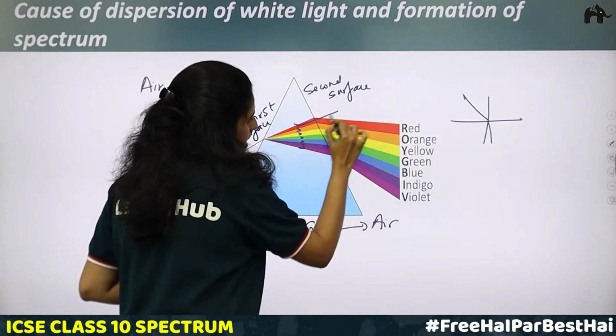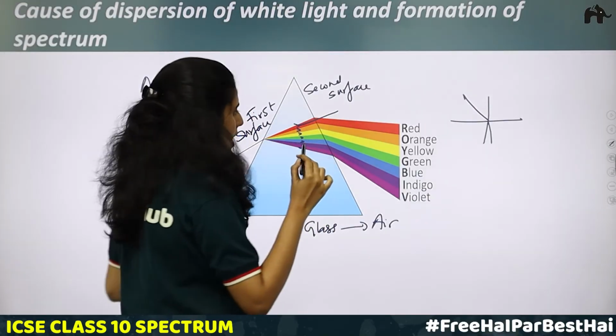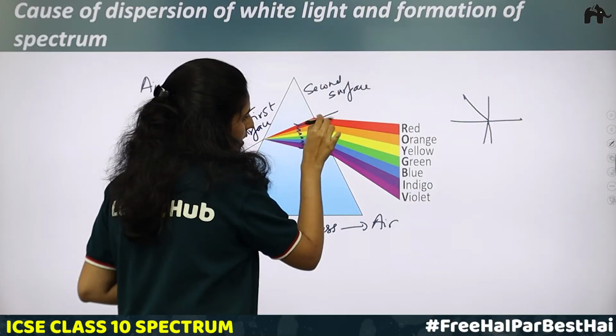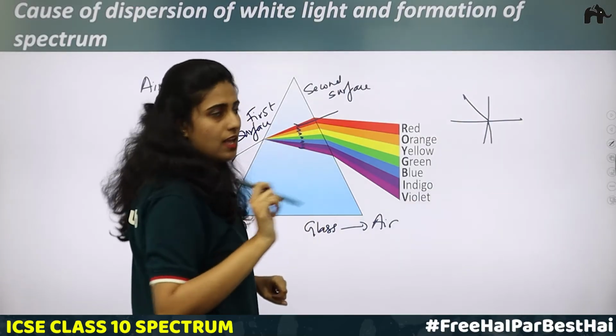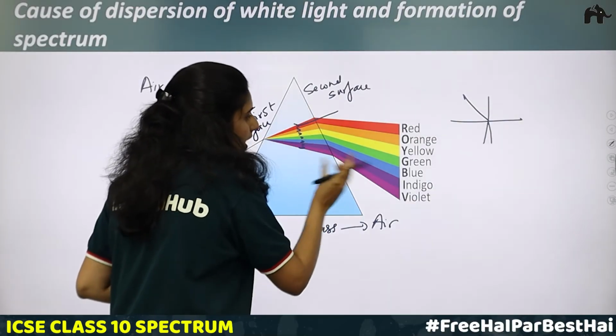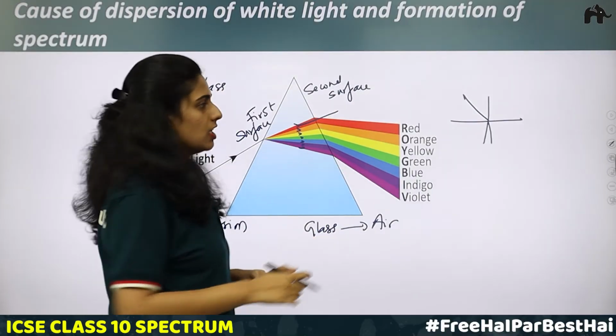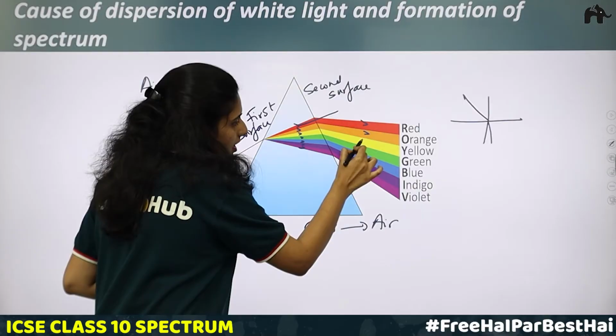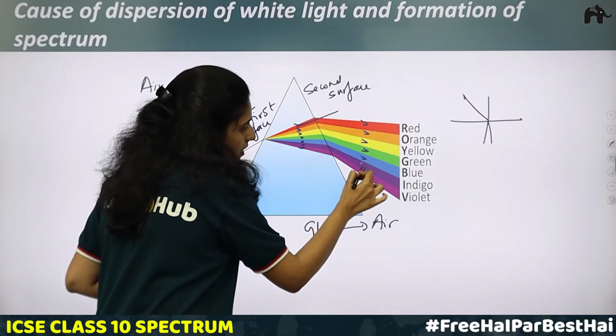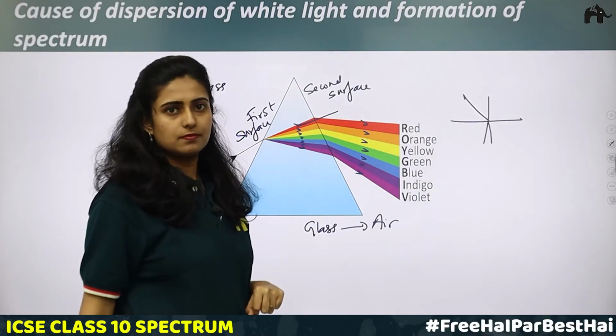This is the actual path in which it should have travelled, but now it bends away from the normal. Why? Because it is travelling from a denser to rarer medium. This happens with all other colors. So this is the path of light when it emerges out of the glass.